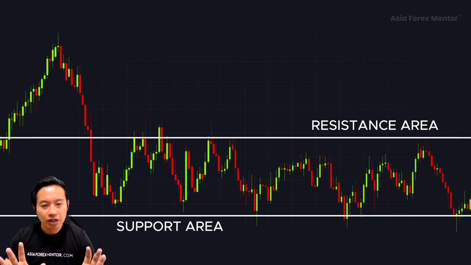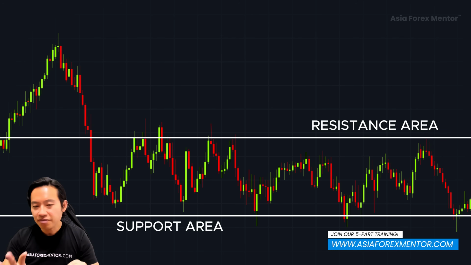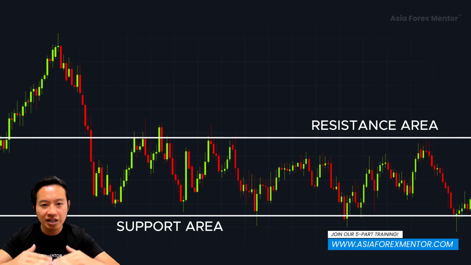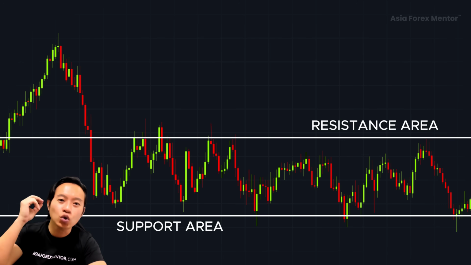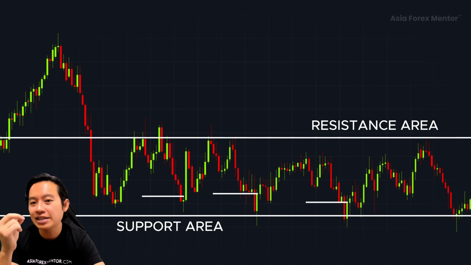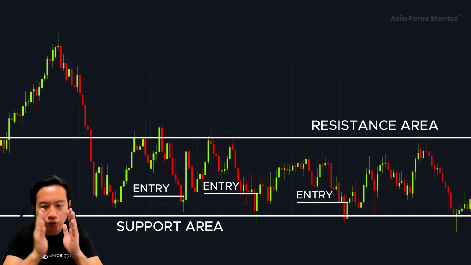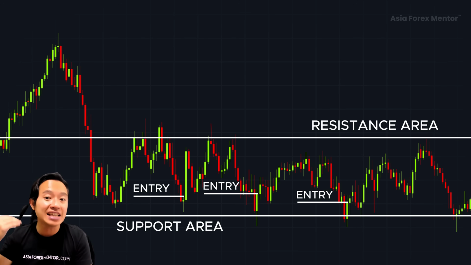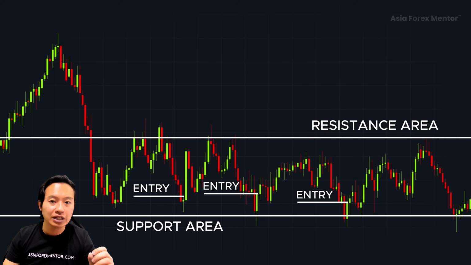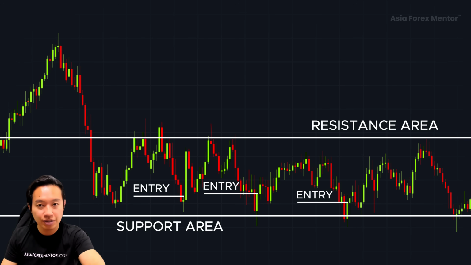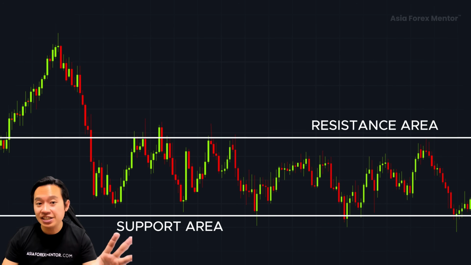Therefore, you've got to be patient, observe all these critical levels, and include price action, candlestick patterns, at all these crucial levels as an extra confirmation to enter.